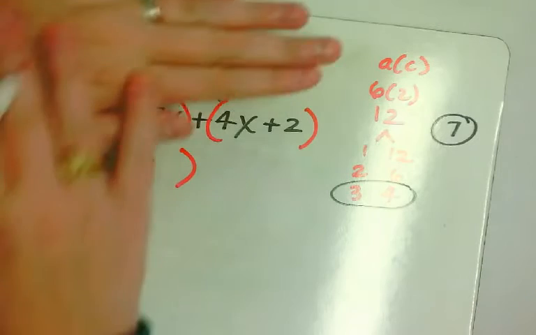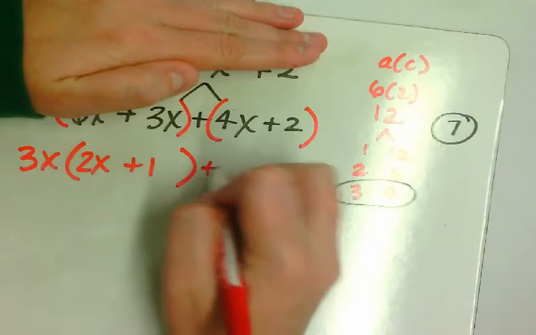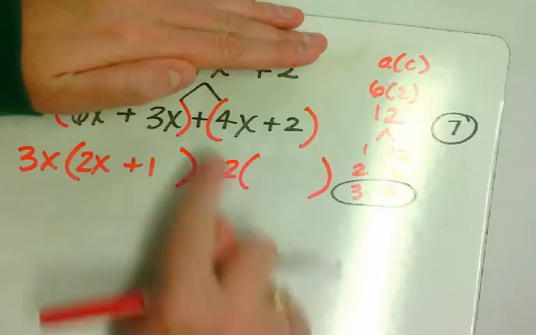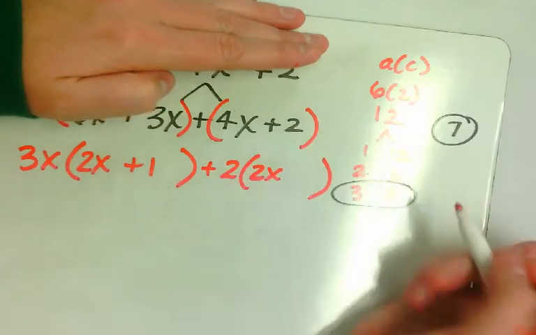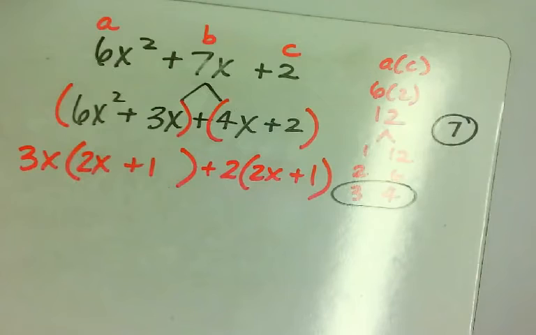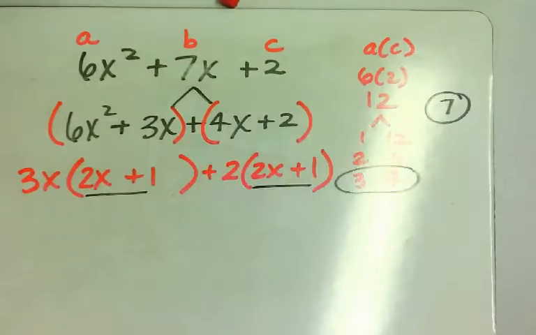Now I'm going to do the same thing, but I'm only going to look at the second one. What do those two terms have in common? So you're going to put a plus and a 2. 2 times what is 4x? 2x. And 2 times what is 2? 1. Now here's what is glorious. This and this match.